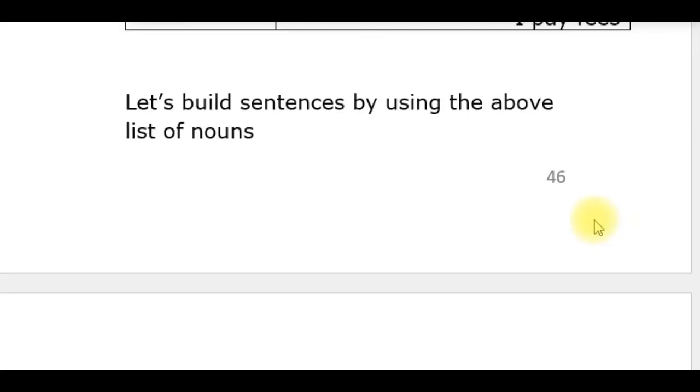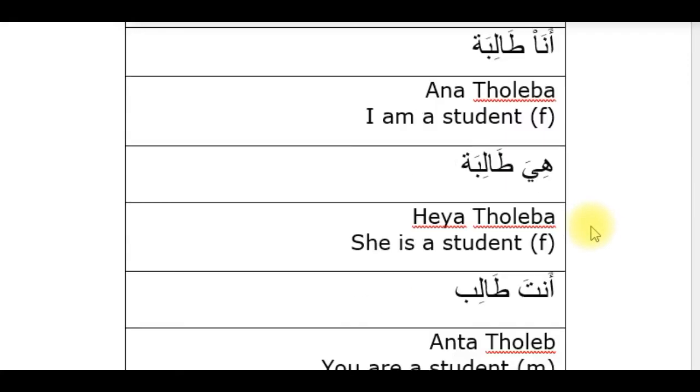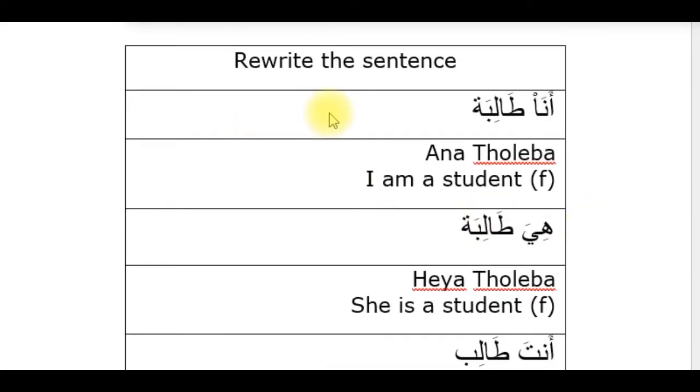Let's build sentences by using the above list of nouns. Rewrite the sentence in your notebook.